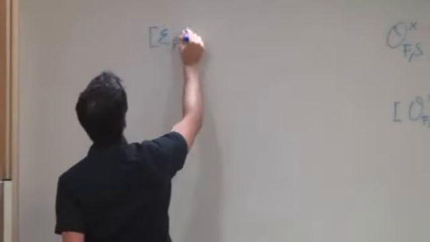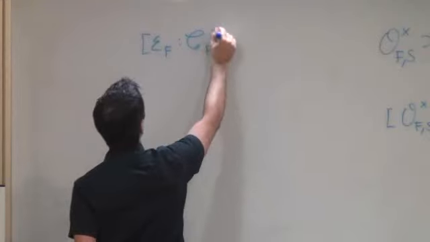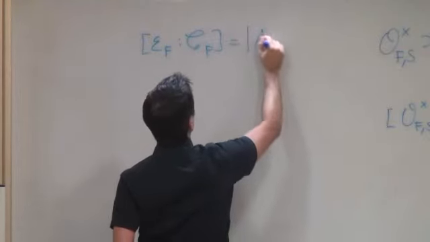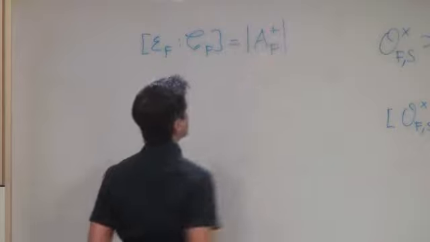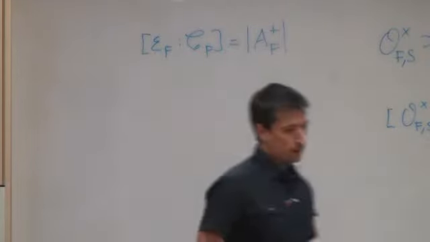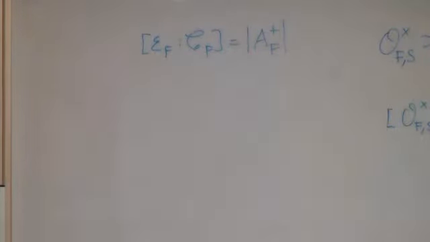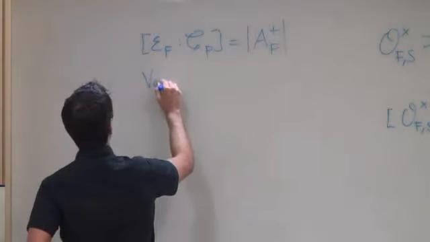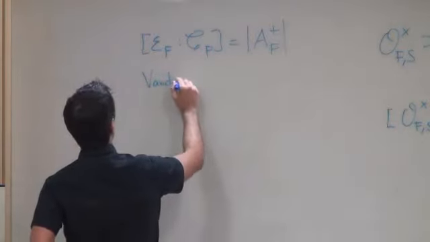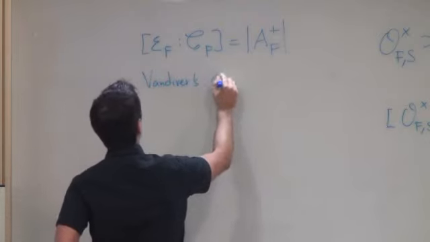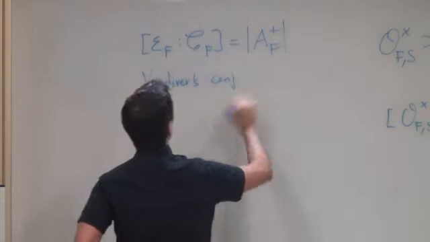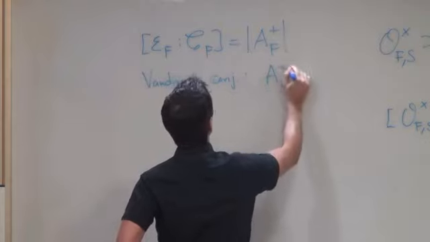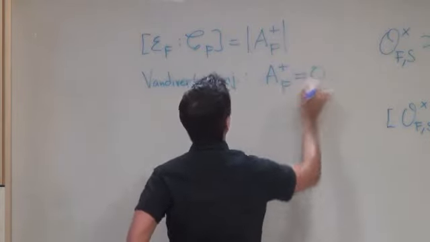The index of C_F in E_F is exactly the order of the plus part of A_F, which is exactly the p part of the class number of F plus. Vandiver's conjecture, which you heard about in Professor Nquanto's talk, is that A_F plus is 0.